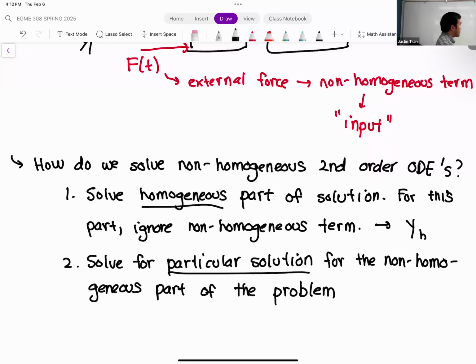The particular solution is going to give us another solution to the problem. We'll call that YP, or Y particular. Part two is going to be the subject for today. That's exactly what we're going to do, learn how to solve for particular solutions.